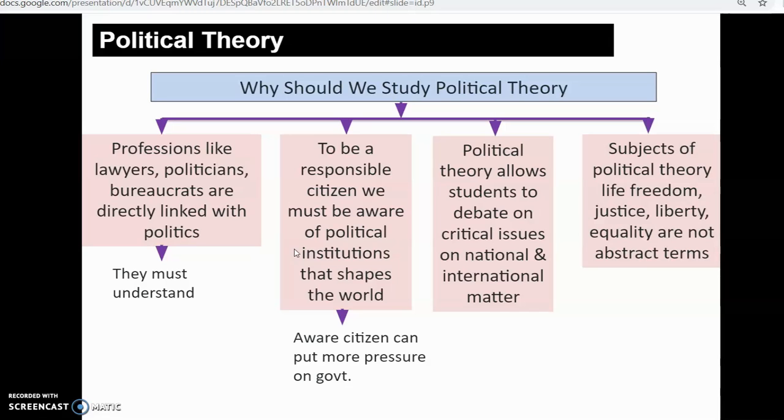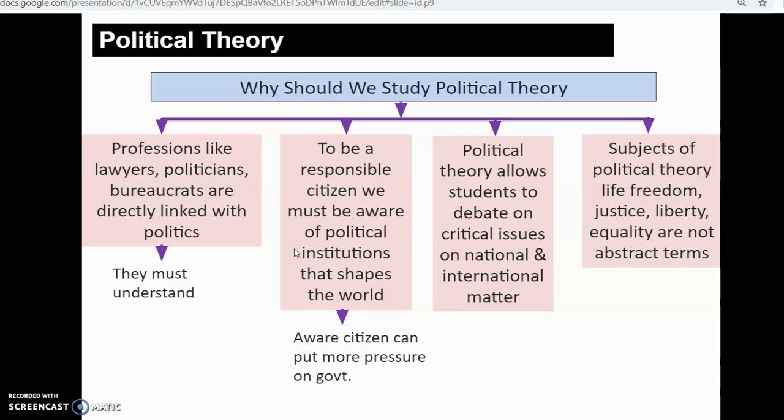Now, political theory is a social science where we get some subjective issues like freedom, justice, liberty, equality. Their definitions and their ideologies change from time to time. So political theory in itself is not a static subject, it's dynamic.